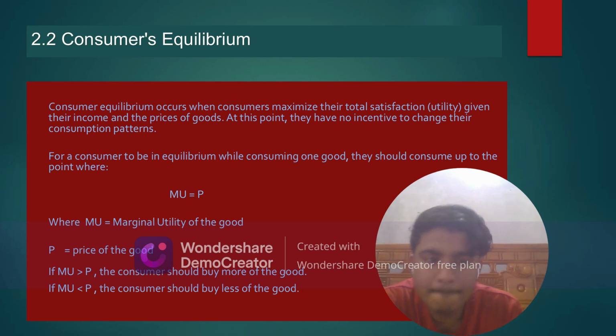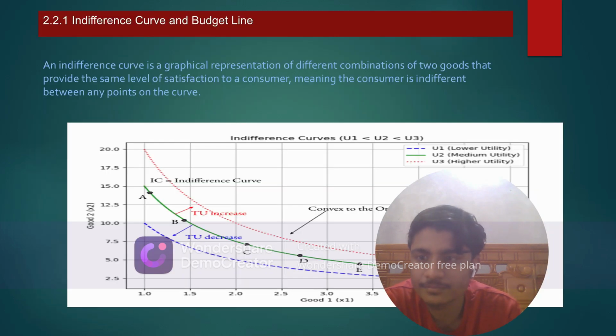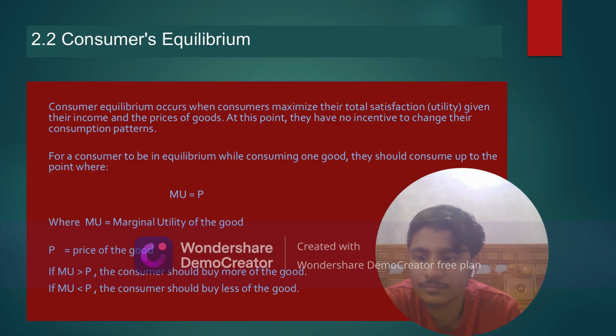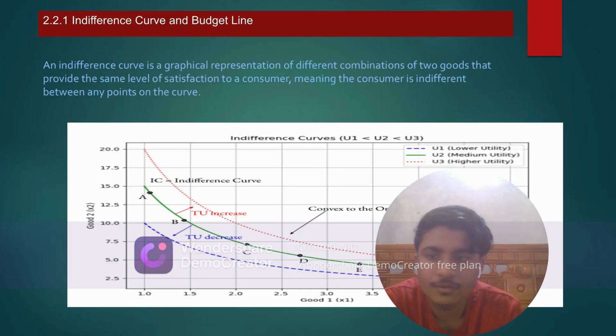Example: if a consumer derives 10 units of utility from an additional slice of pizza, and the price is $2, they will buy more because marginal utility is greater than price.